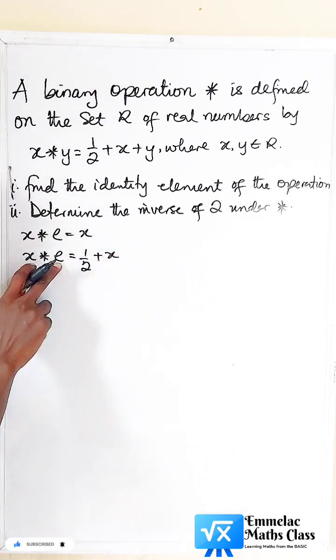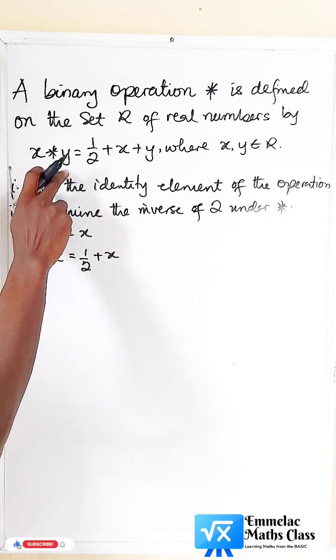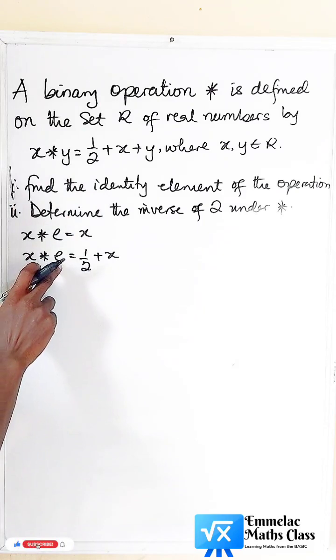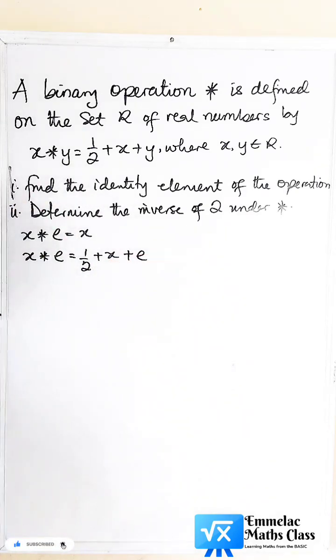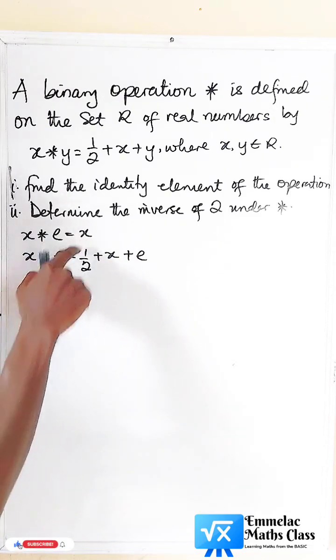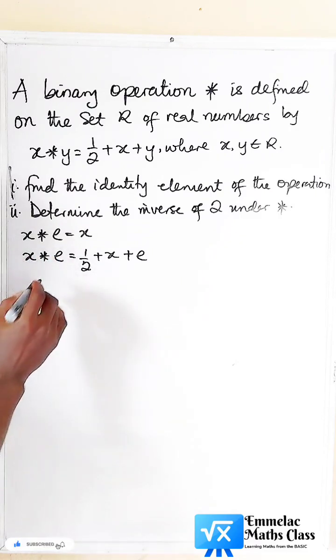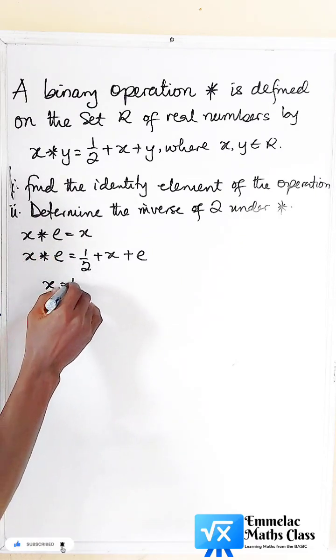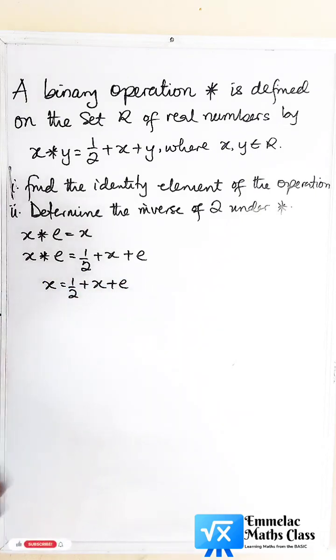Wherever you see e, it replaces y, so plug in the identity element in place of y. Now x operation e equals x, so the whole left hand side becomes x. So here we have x equals 1 all over 2 plus x plus the identity element.